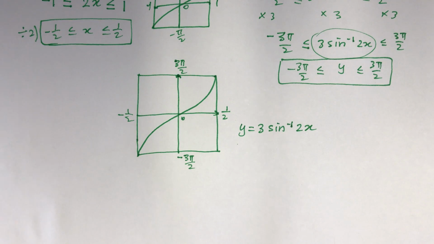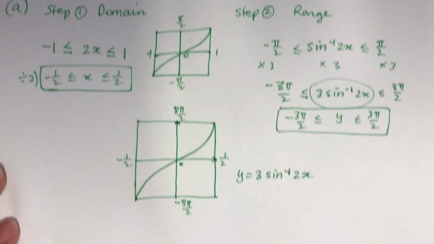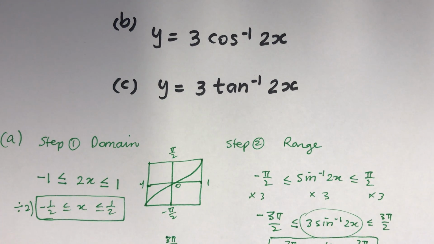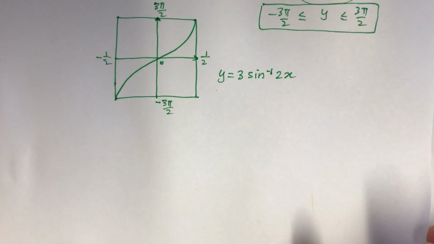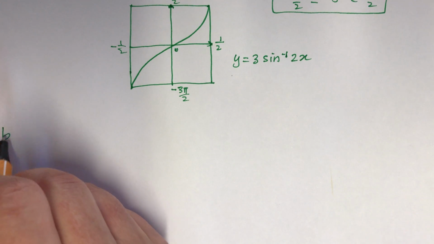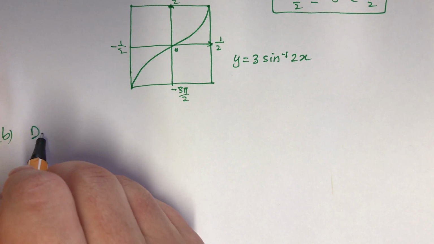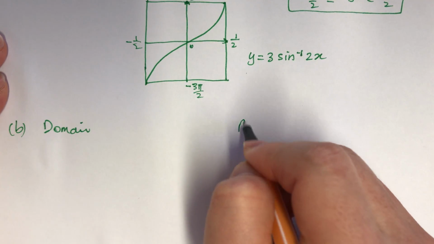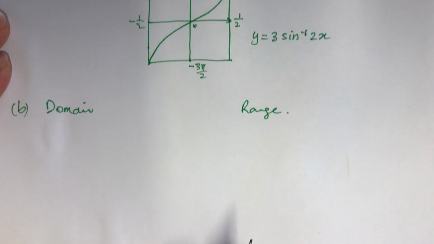Okay, so the next one was y equals 3 inverse cos 2x. Now I need to find the domain, and then I need to find the range.